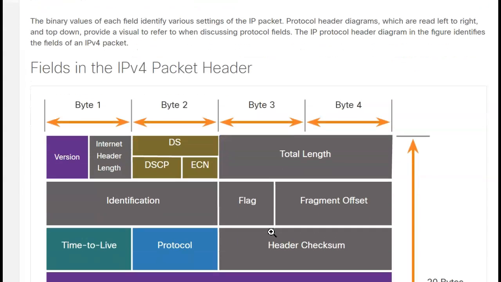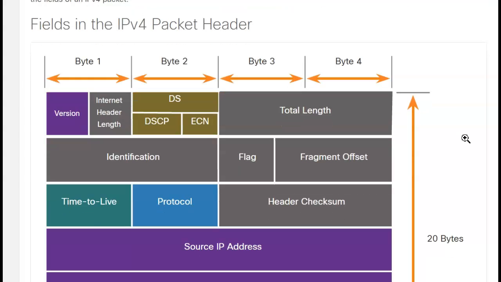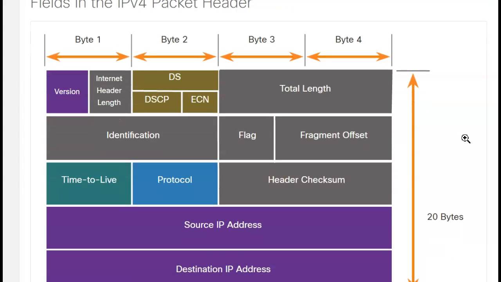Now in IPv4, and remember the binary field, all those values are binary. It's 32 bits, so here you're seeing the size of it. So you've got different fields. You've got the version number, the internet header length, the total length of the packet, and identification.